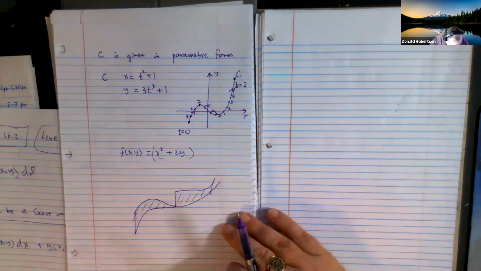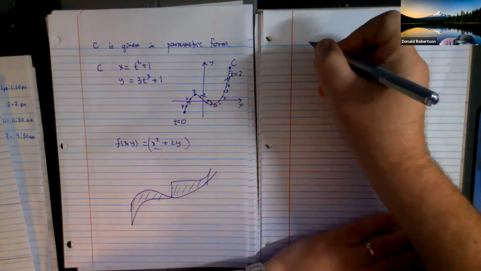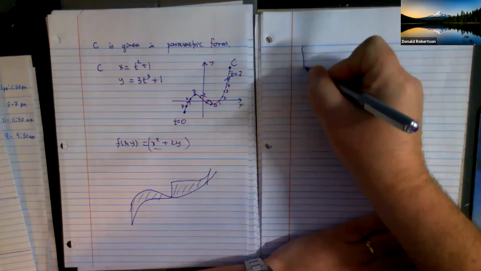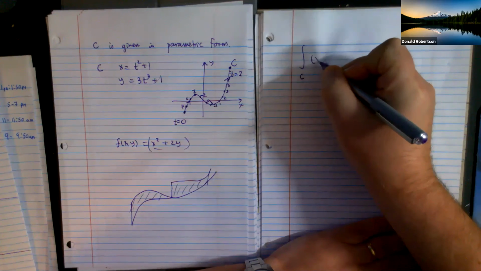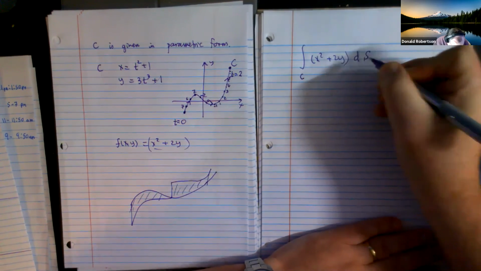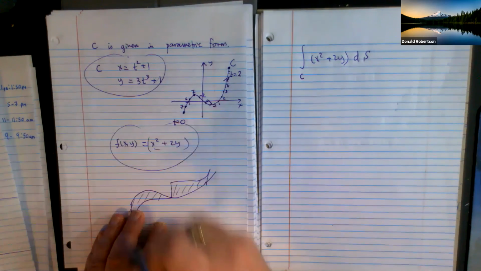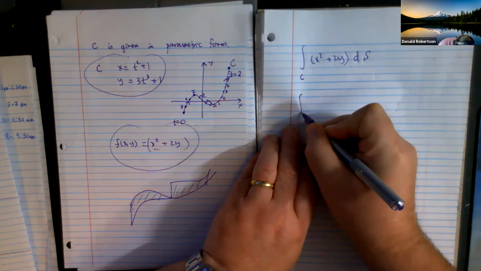So here's my function. Suppose I've been asked to do the function x squared plus 2y ds, and I'm going to use that as the curve. So it's going to look something like this.